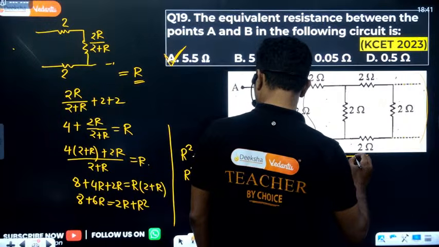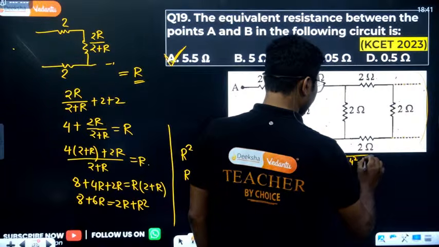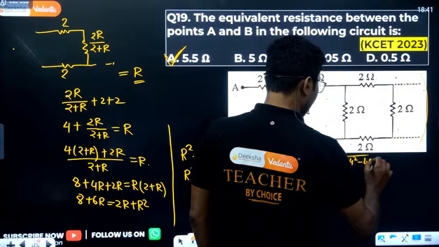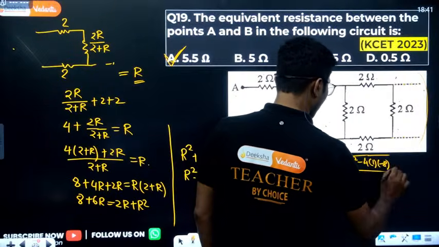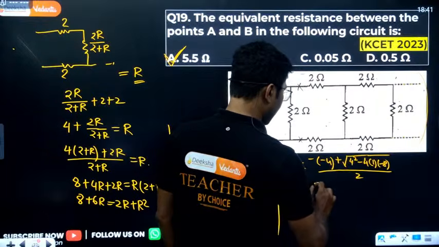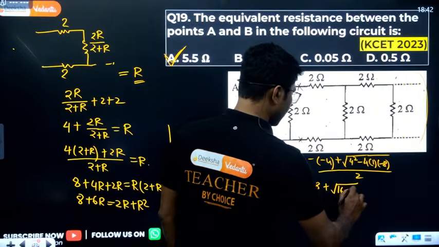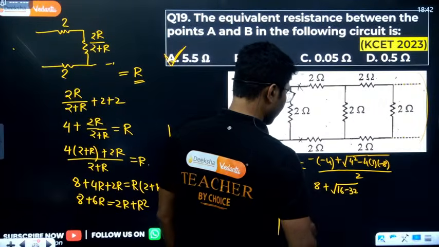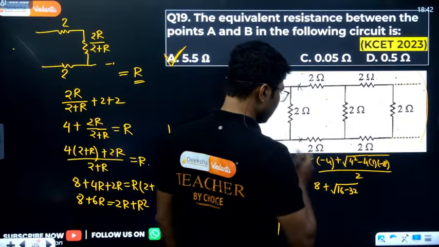So B square is 4 square minus 4AC, divided by 2. So it will be 8 plus square root of 16 plus 32, by 2.